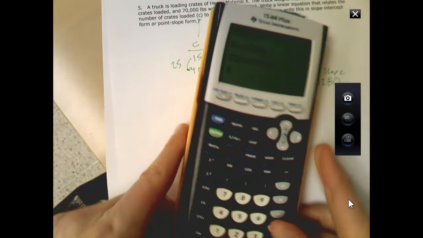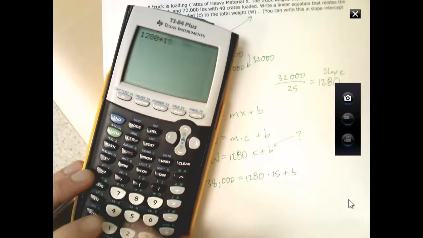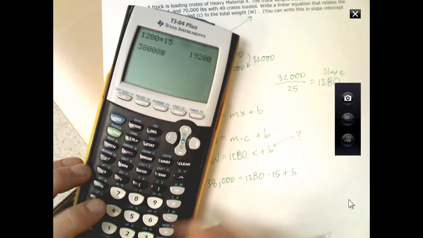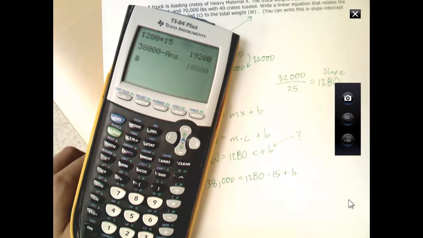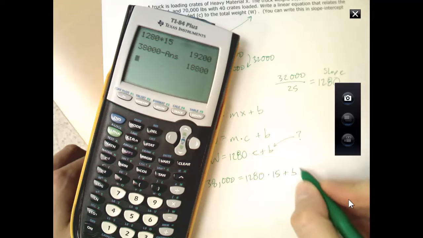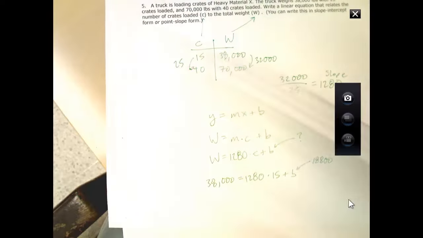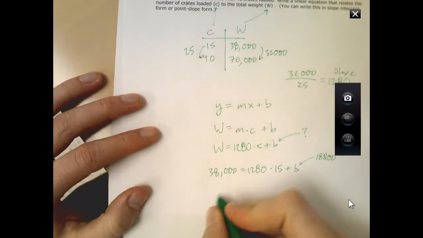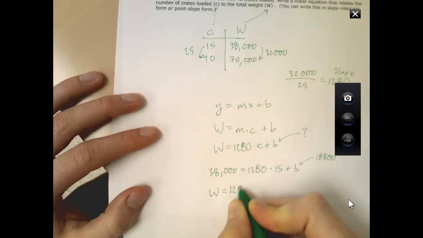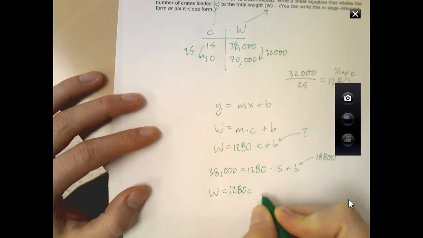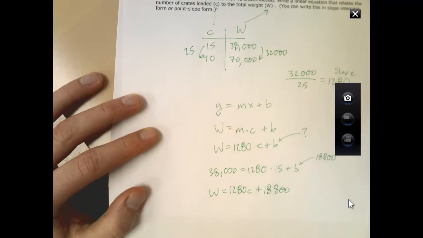So I won't try to do that in my head. Right there, so b equals that, okay? So I can now write my equation. W equals 1,280c plus 18,800, right?